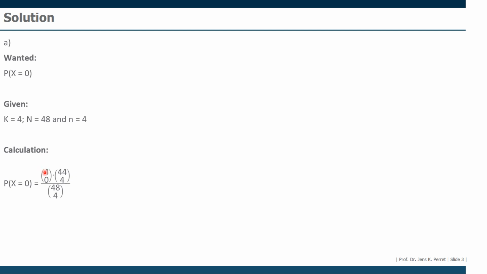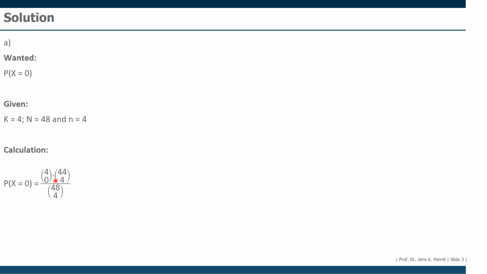Here we have large K over small k. So this represents how many lectures in our sample should be on statistics and how many could be on statistics. On the other hand, the second part, that's large N minus large K over small n minus small k.